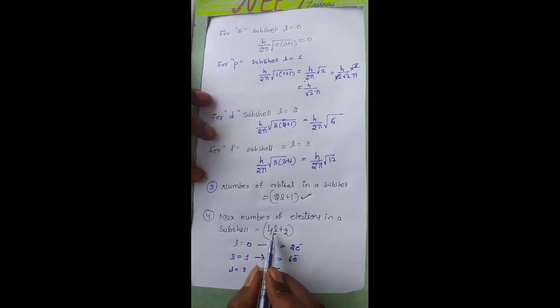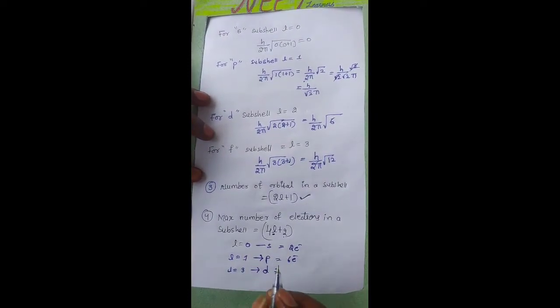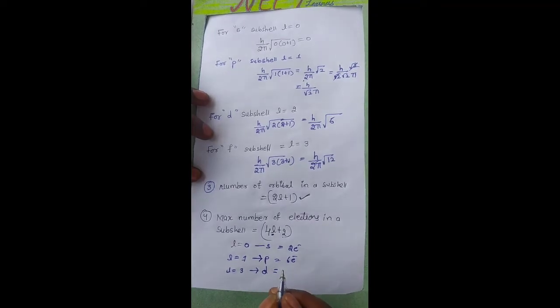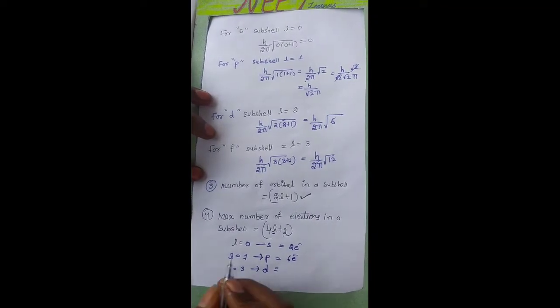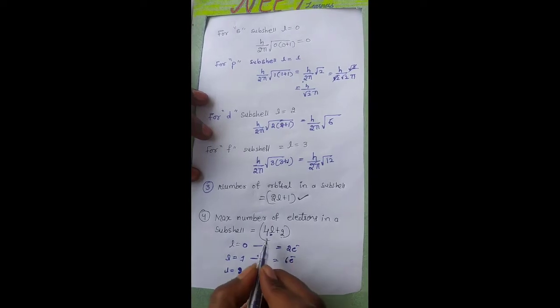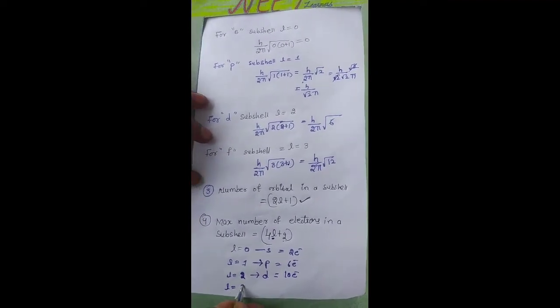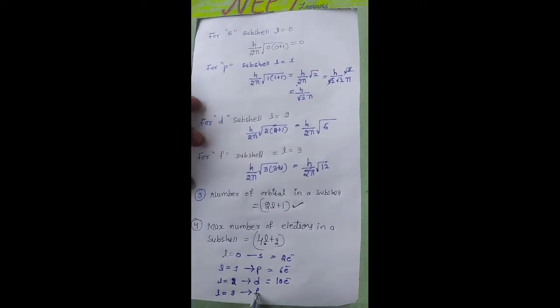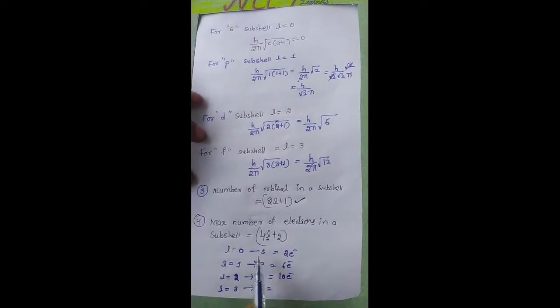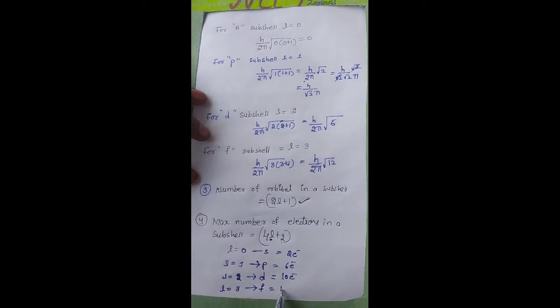So substitute 2 here: 4 into 2 is 8, 8 plus 2 is equal to 10 electrons. And here for f orbital, L is equal to 3. So 4 into 3, 12 plus 2 is equal to 14 electrons.